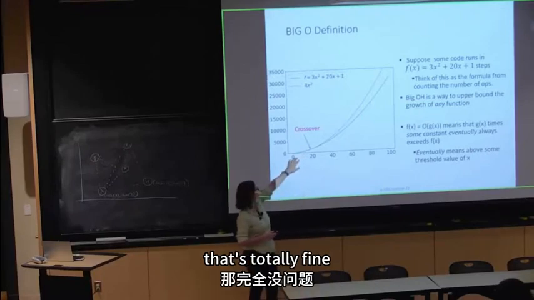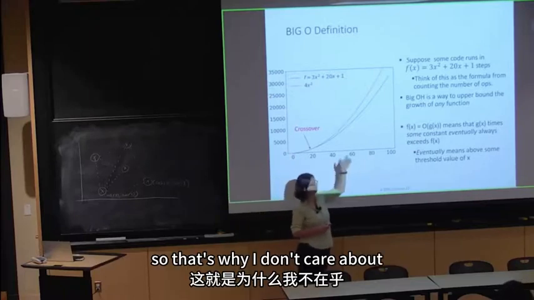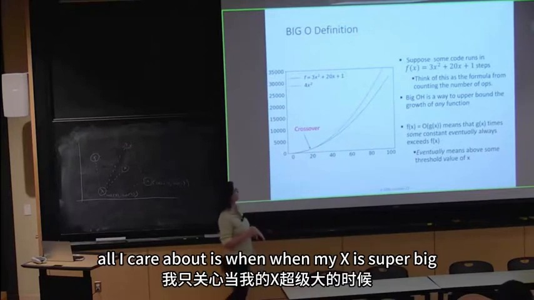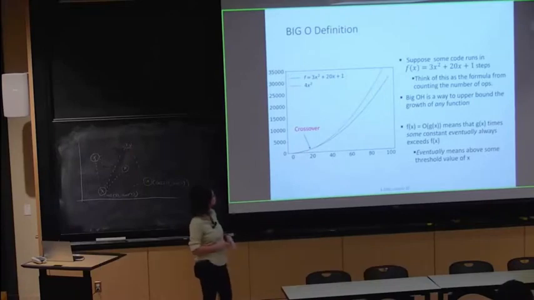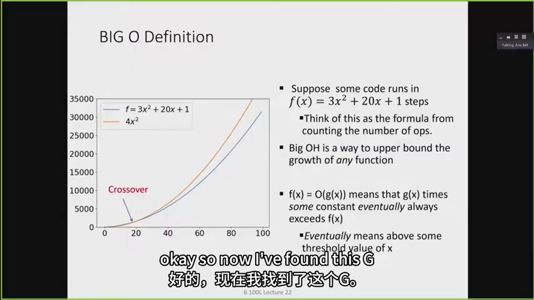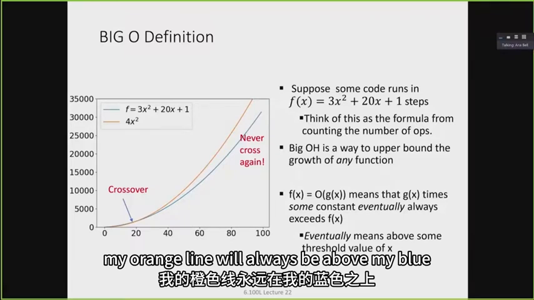That's totally fine, because what we're interested in is the behavior when the input is really big. Okay, so that's why I don't care about weird stuff happening down there. All I care about is when my x is super big. So now I've found this g. I can say that after this point, 20, my orange line will always be above my blue.